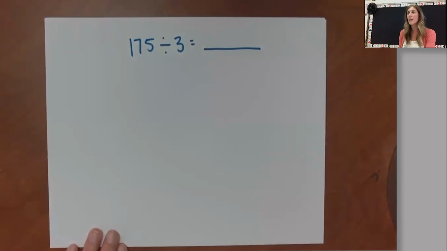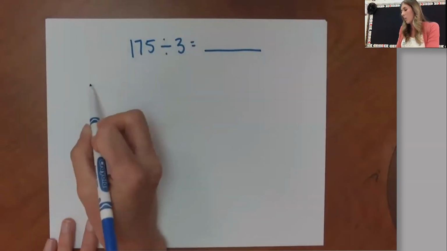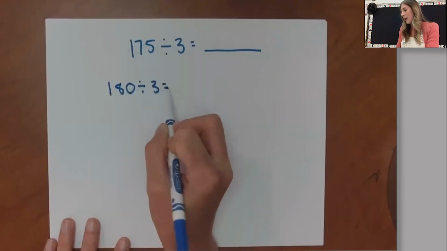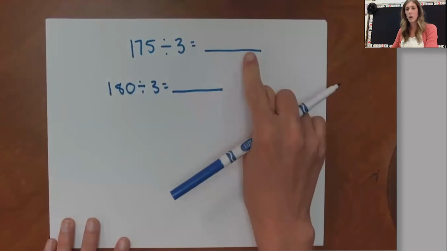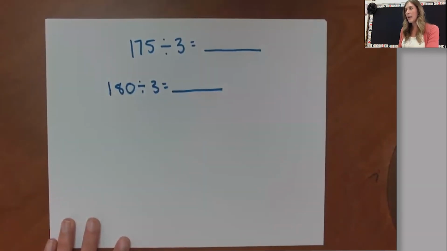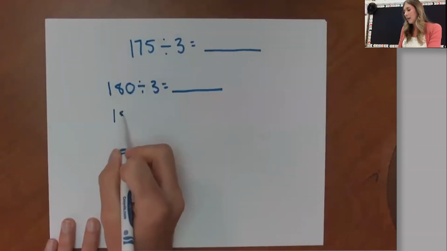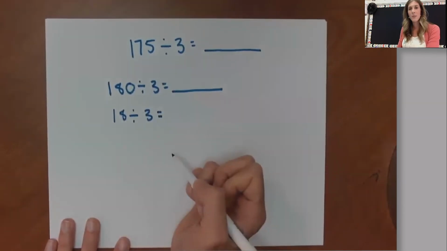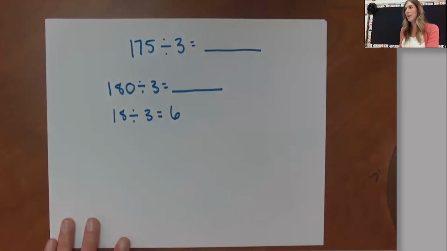Okay, so write this problem using compatible numbers that we chose. We chose to go with 180 divided by 3 to estimate our quotient. We know that 18 divided by 3 is 6. Very good.